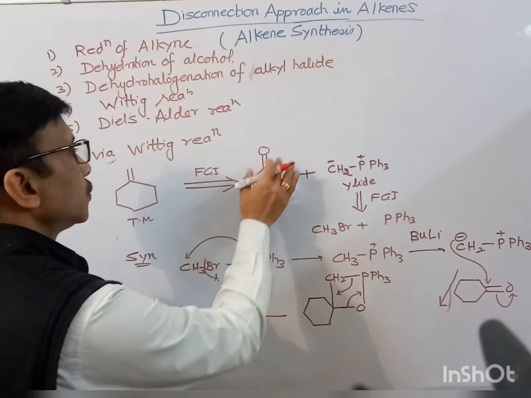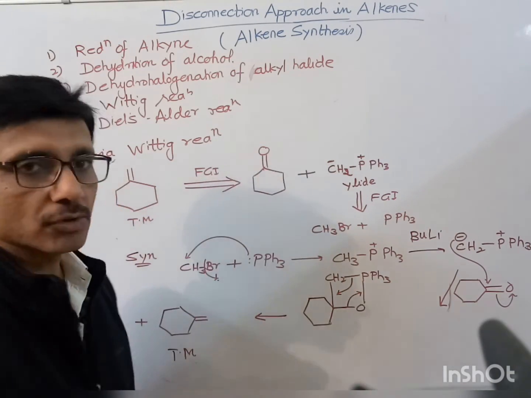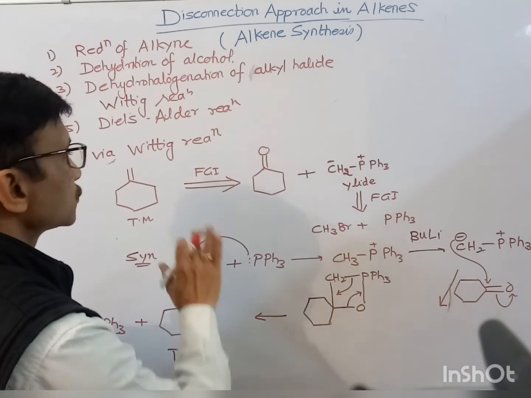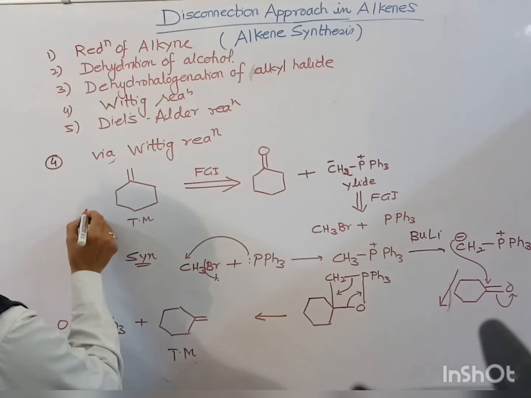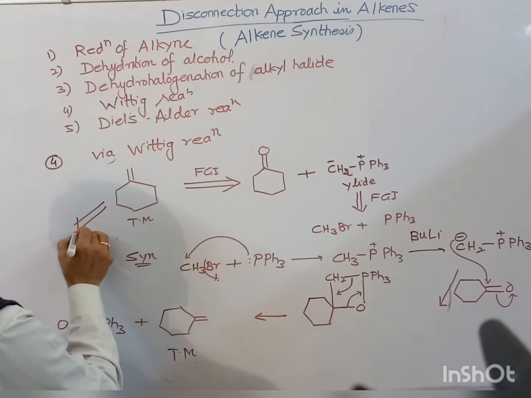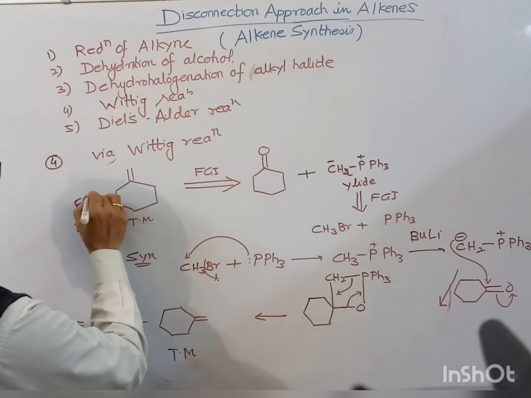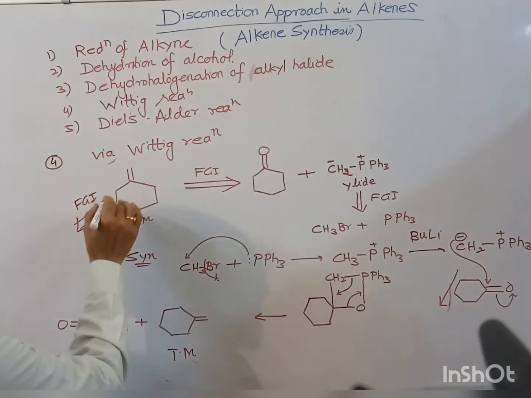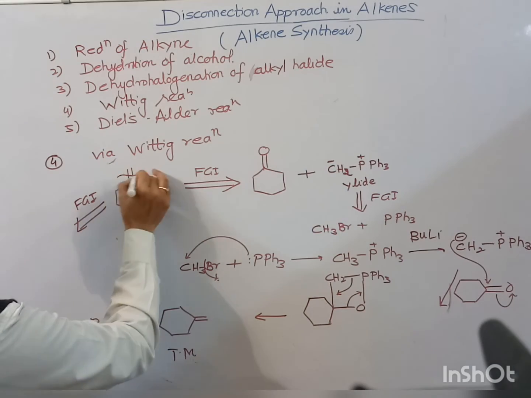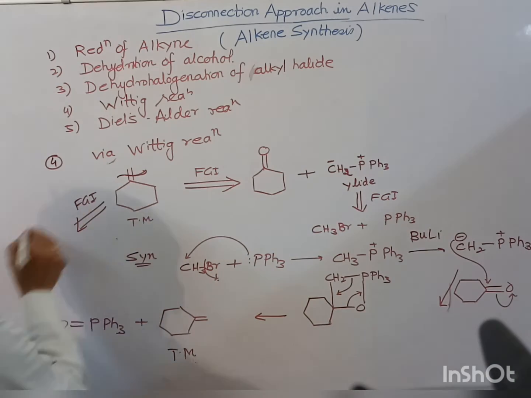Here the cyclohexanone carbonyl compound is generated. Otherwise, we can also do the FGI, but this is not the good path. After this FGI, we can also get the formaldehyde from here.